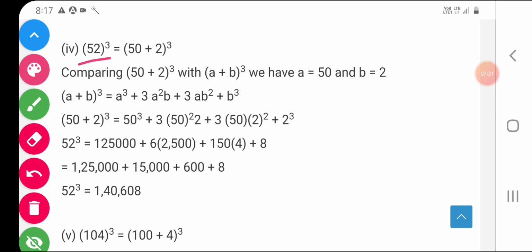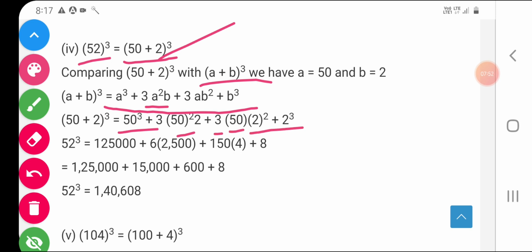Here we can write 52 cube as 50 plus 2 the whole cube. Now we have to compare with the formula a plus b the whole cube. Here a is 50, b is 2. Now 50 cube plus 3 into 50 square into 2 plus 3 into 50 into 2 square plus 2 cube. This is the formula value.